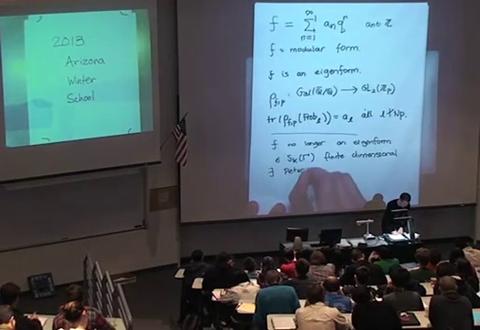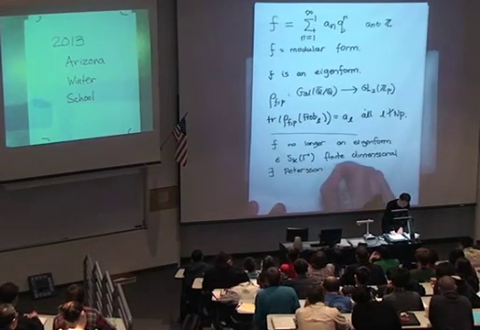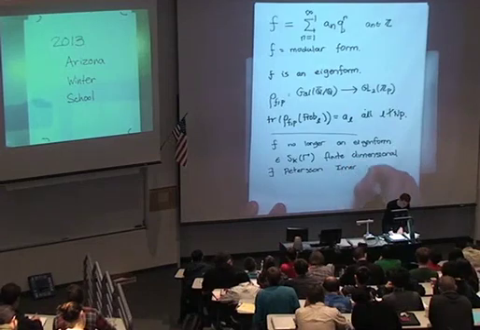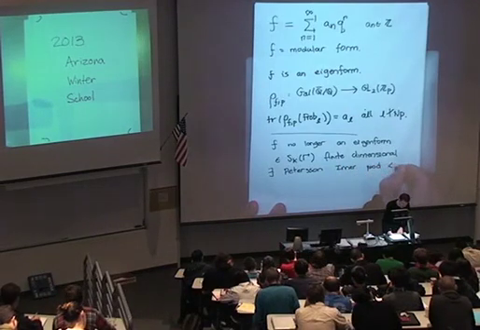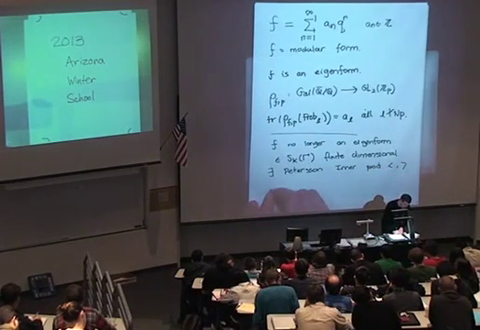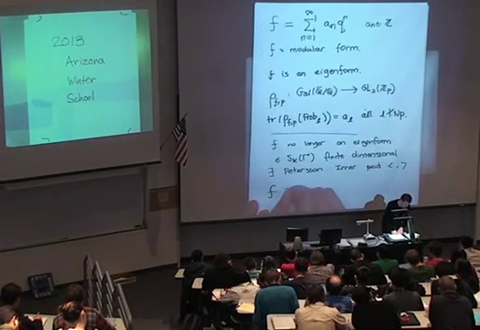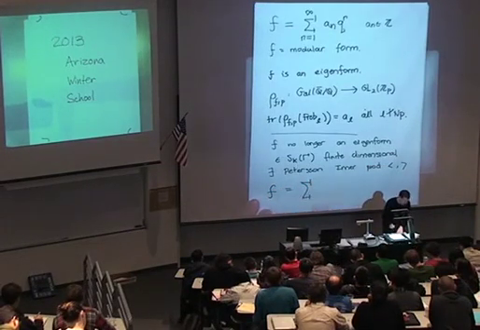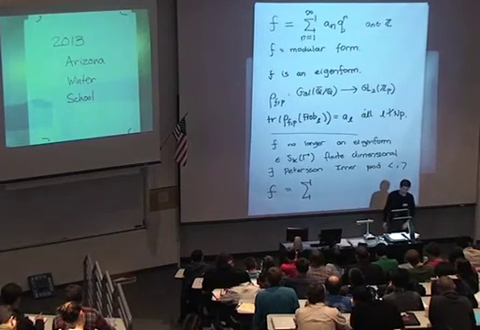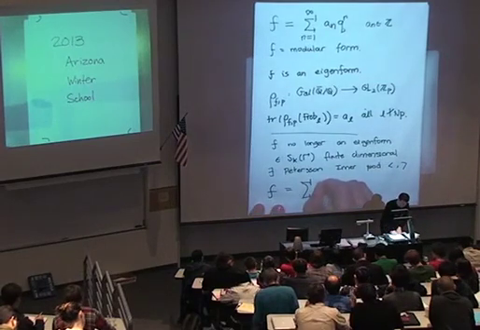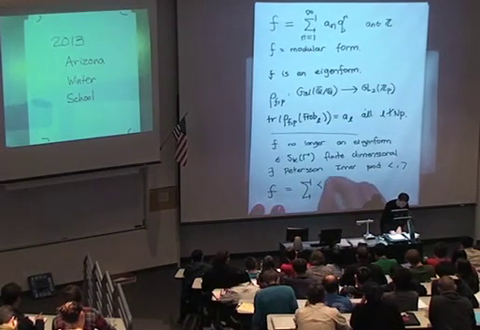I hope this is how you spell Petersson. The existence of this Petersson inner product implies that given a form, you can decompose it as a finite sum of eigenforms. Explicitly, in terms of this Petersson inner product, let's write it like this.